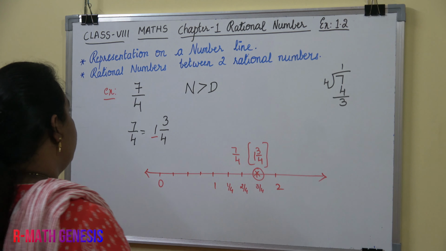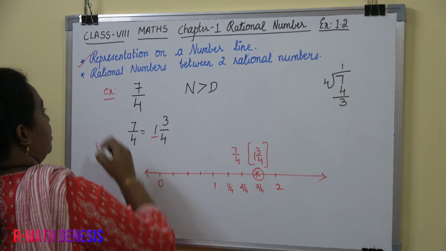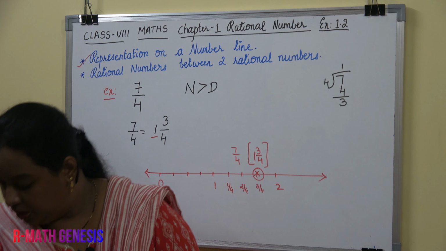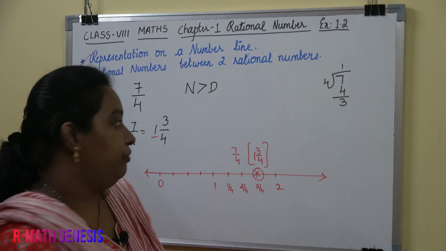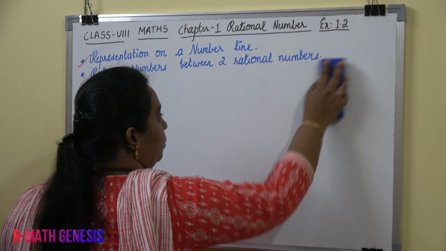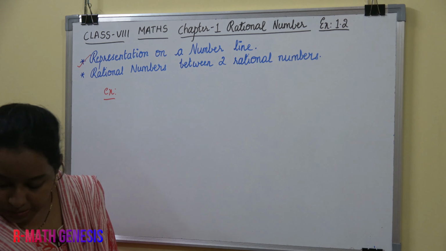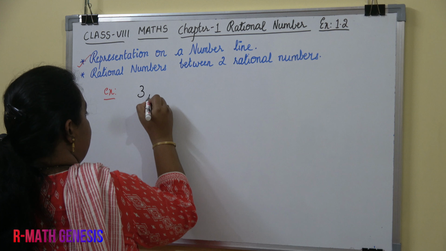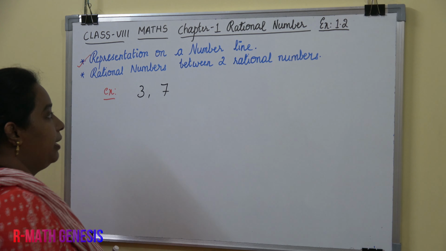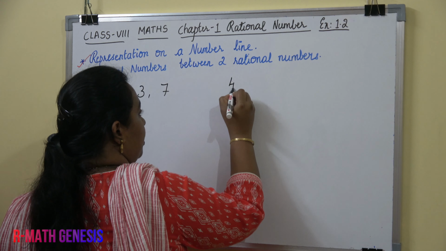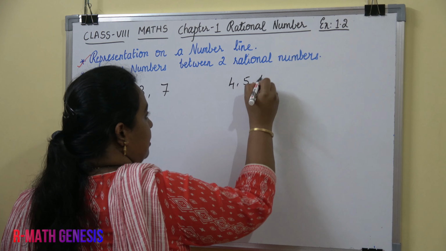Next comes the concept of rational numbers between two rational numbers. If I want the numbers between 3 and 7, we'll write 4, 5, 6.